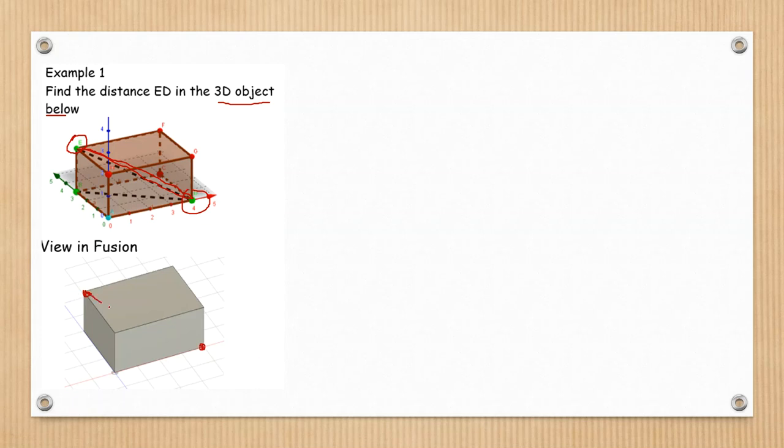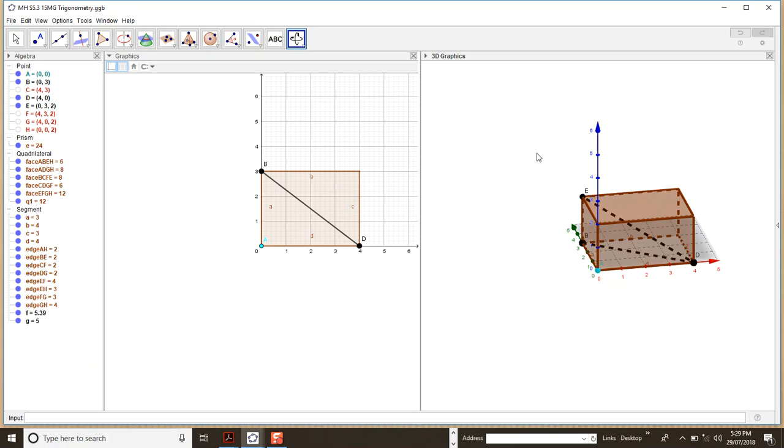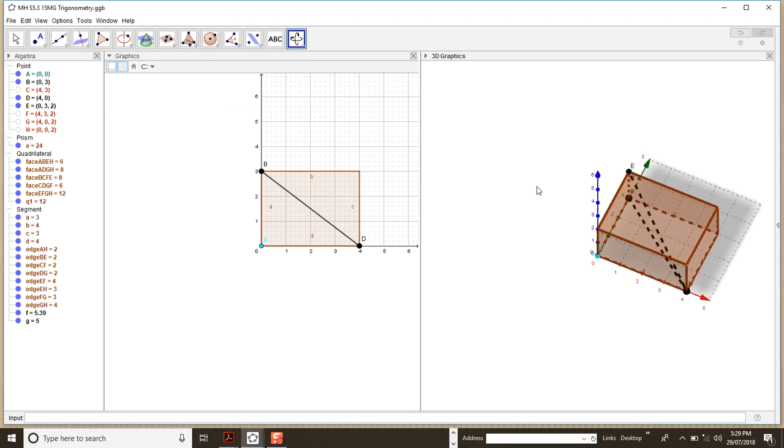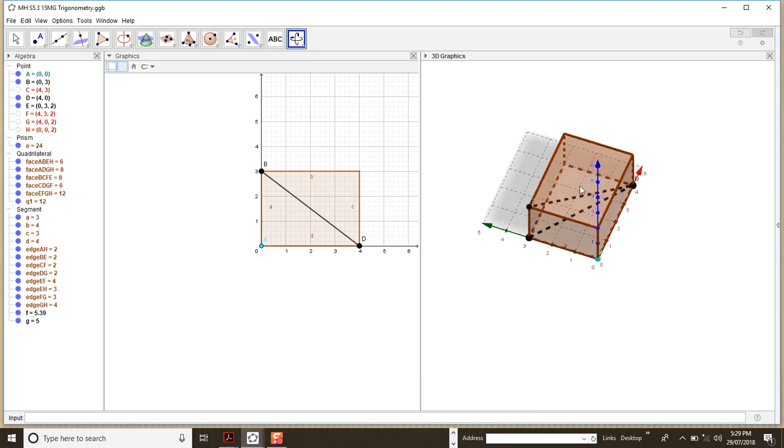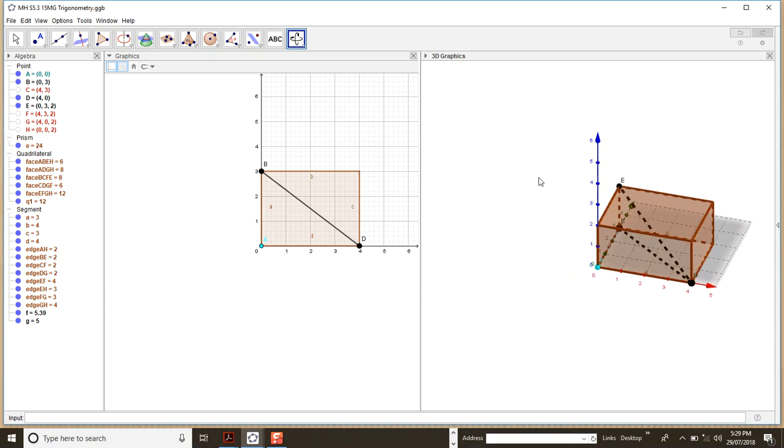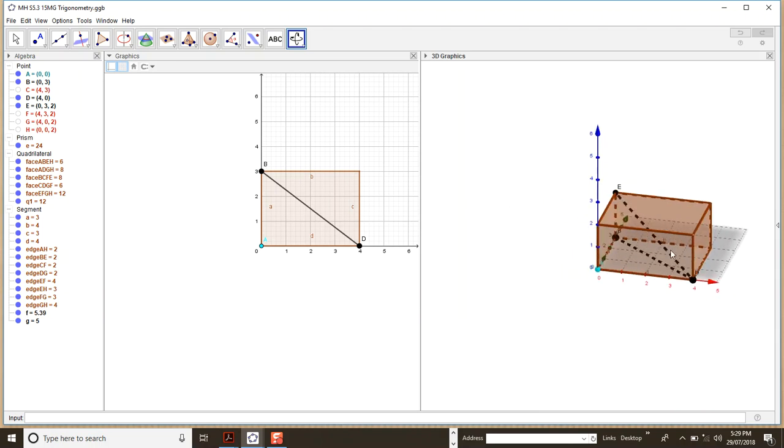So we need to slice it like a box open to go from here to here. So you can see here that this is E and this is D. So we want this distance across here.